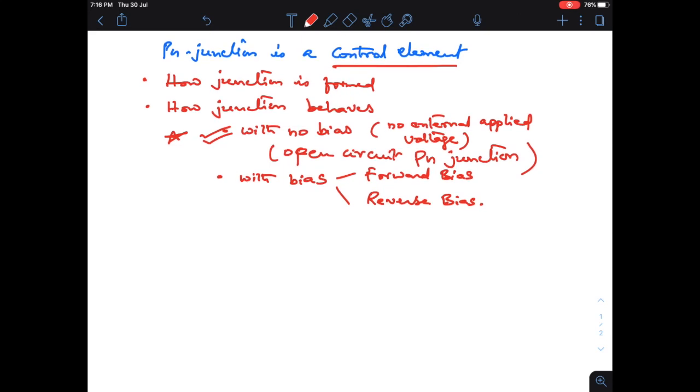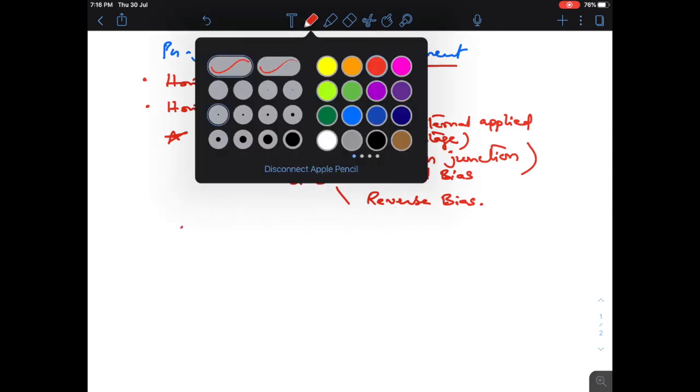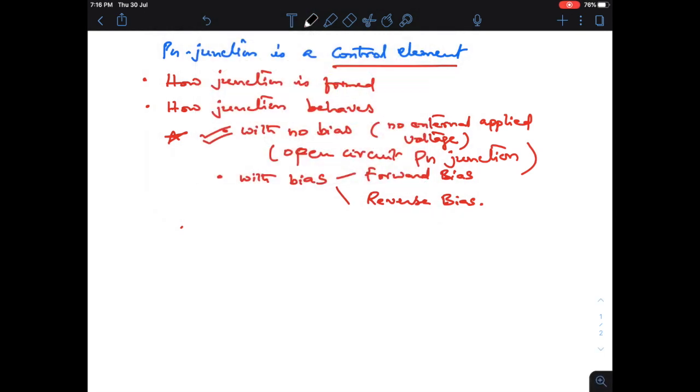Now, there are different methods of forming a p-n junction. Number one, by alloying, or number two, by diffusion, as examples. There are many others, but what do you mean by alloying?